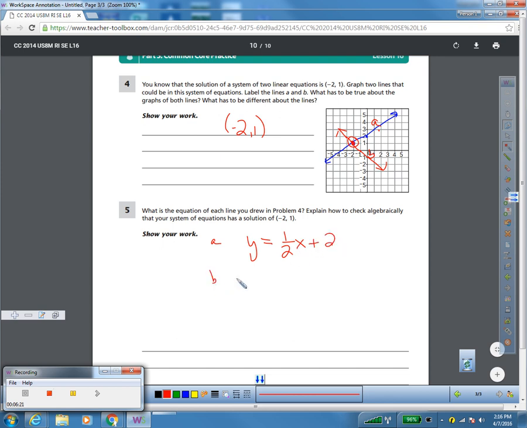And then on my line B, it crosses at -1, and it goes down 1 over 1 each time. You can have any equations you want here. To solve them algebraically, or to check, I could go plug in the x and see that that y comes out here. Okay? And then I'd plug it into the next equation and it would work as well.